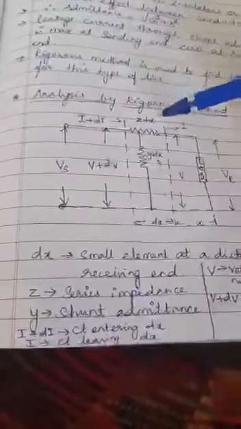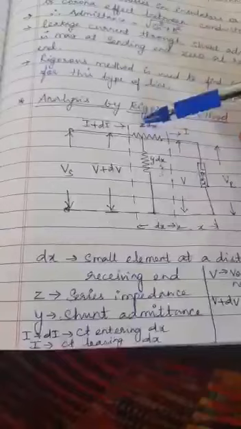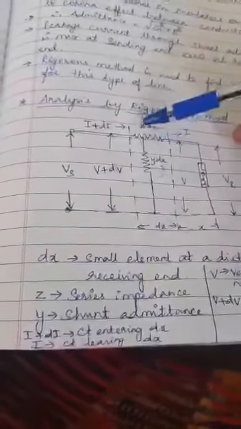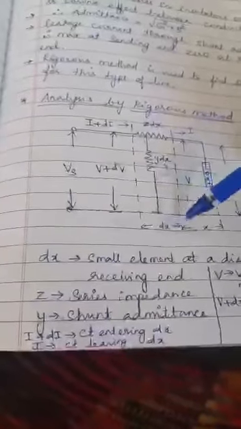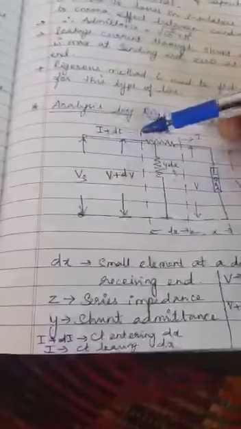Now consider z dx as the series impedance and y dx as the shunt admittance for this small element. Then I plus dI is the current entering the element and V plus dV is the voltage across the element near the sending end, and V is the voltage across the element near the receiving end, and I is the current leaving the element.